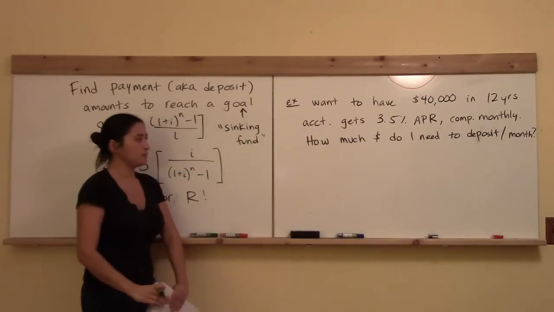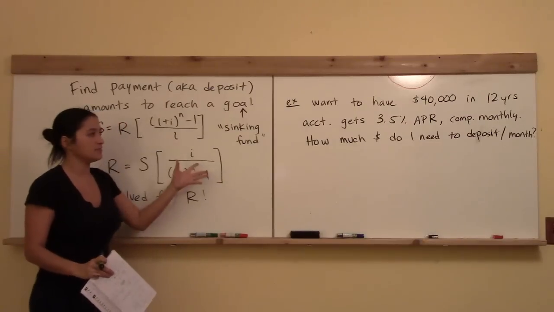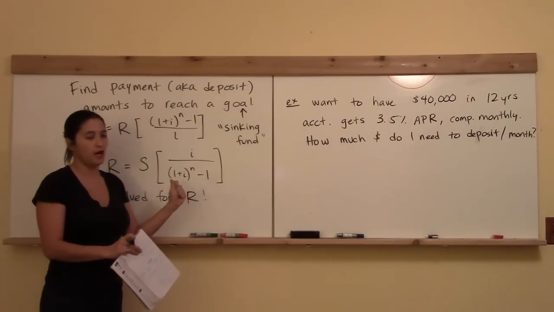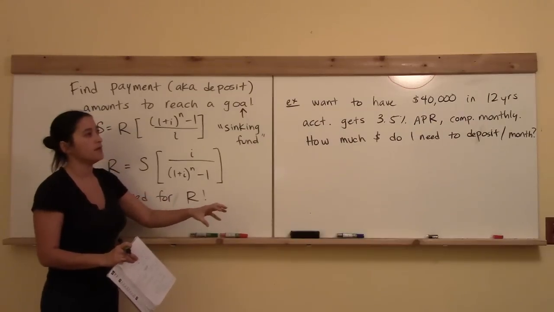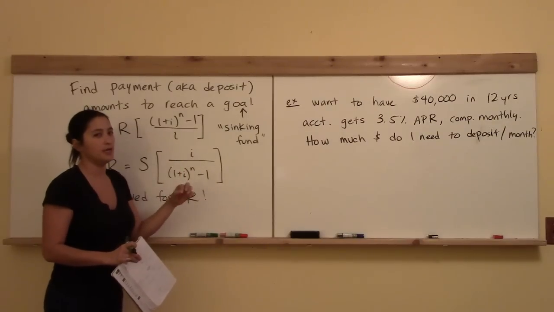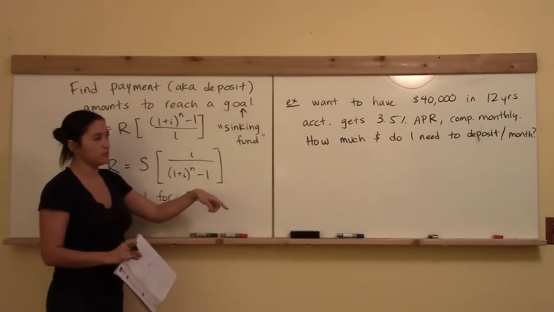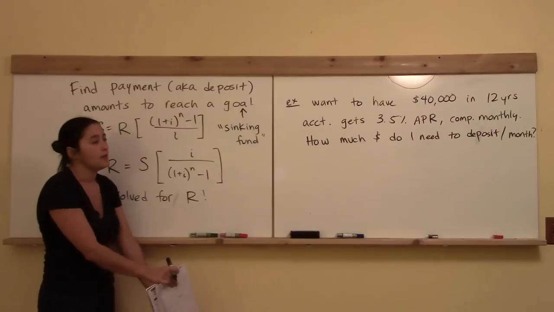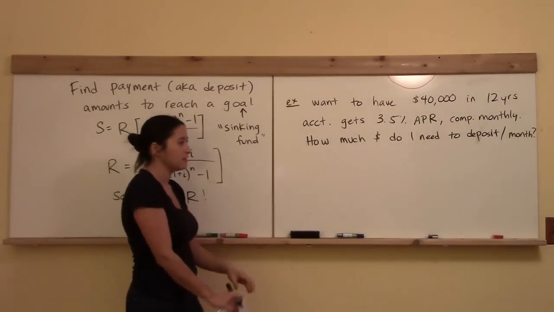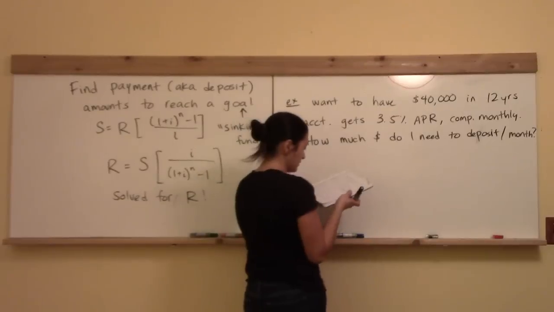A sinking fund is like when you have to pay off something in just one giant lump sum and you wonder how much you should be saving incrementally, bit by bit, so that in a certain number of years you can just hand over that large amount of money. Maybe it's sinking because you're going to be kind of sad to have to hand that over, but that's why they call it a sinking fund, I guess.